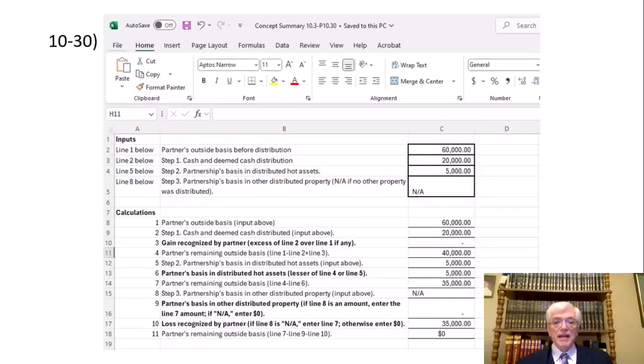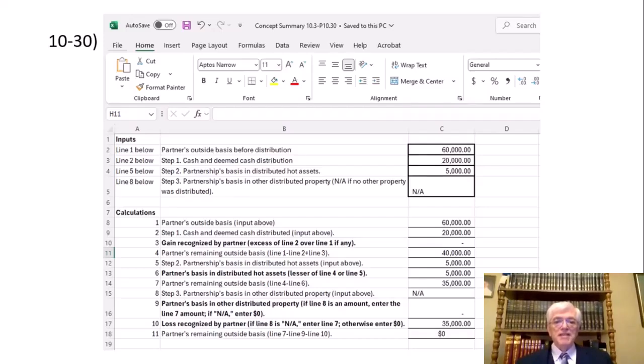So there is our spreadsheet. Notice the NA for the partnership's basis in other distributed property. Paula didn't get any of that other distributed property. Maybe there was no other property to distribute because none of the other partners got any either, since we were assuming it was proportionate.